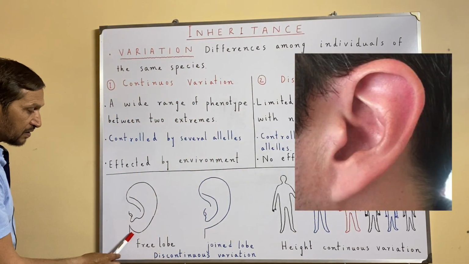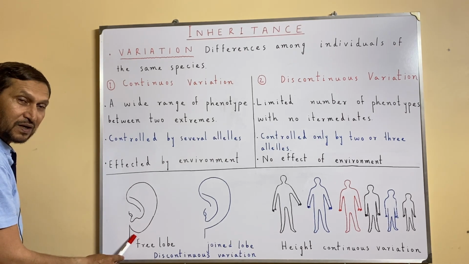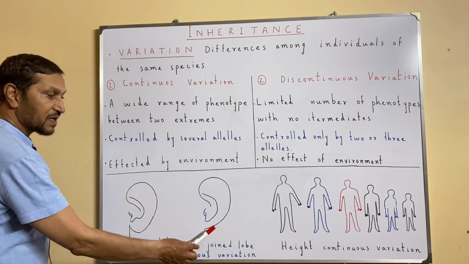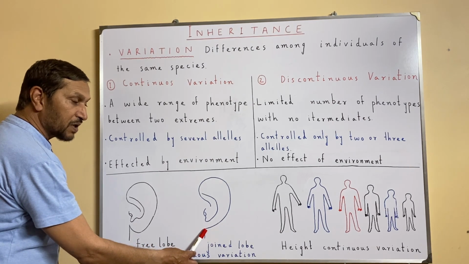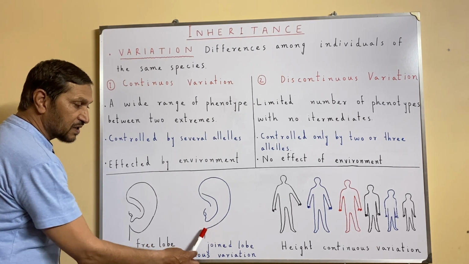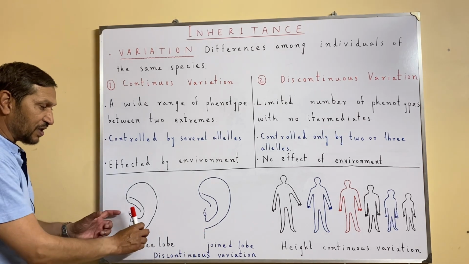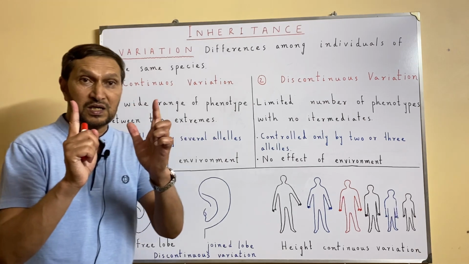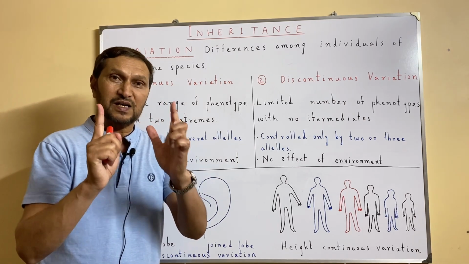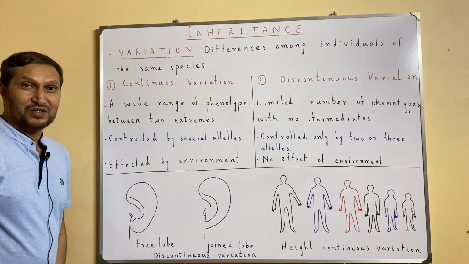This diagram shows that some people have free earlobe and some have joint earlobe. Their earlobe is not free, it is directly joined with the skin. So there are two discrete classes. This is discontinuous variation.